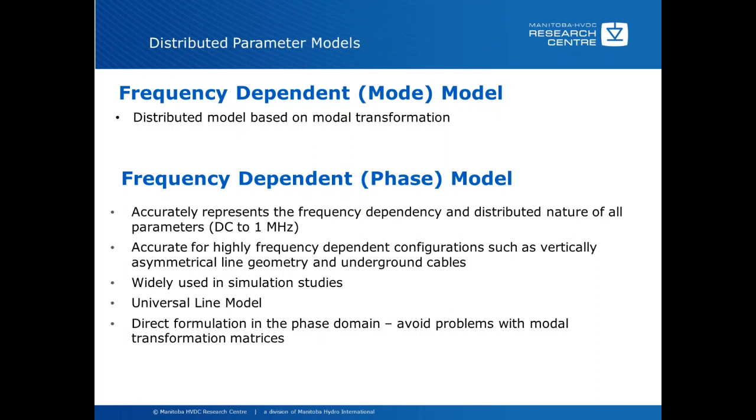The frequency dependent phase model is the most advanced accurate cable model developed in the literature, and it accurately represents the frequency dependency as well as the distributed nature of transmission line parameters from low frequency to 1 MHz. So it's accurate for high frequency dependent configurations, including vertically asymmetrical line geometry and also underground cables. So this is widely used in simulation studies for transient analysis.